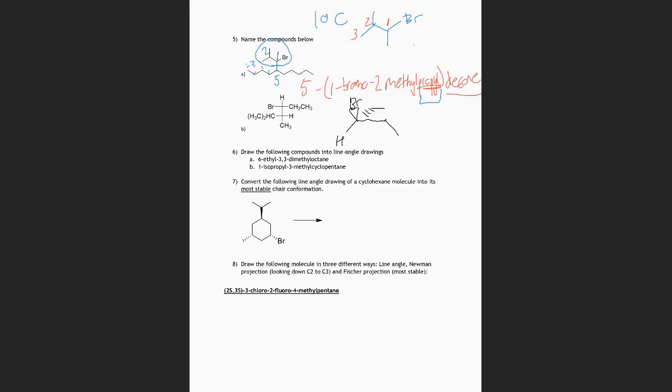We have this isopropyl group, and then we have hydrogen in the back. So let's do it without the wedges and dashes so you can see all the bonds clearly. So it looks something like this. Okay, so this is how it looks without any wedges and dashes. So what do you think is the longest carbon chain?